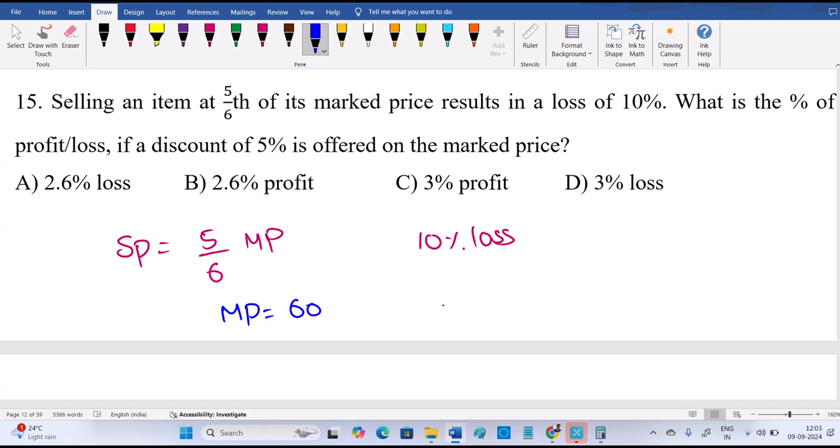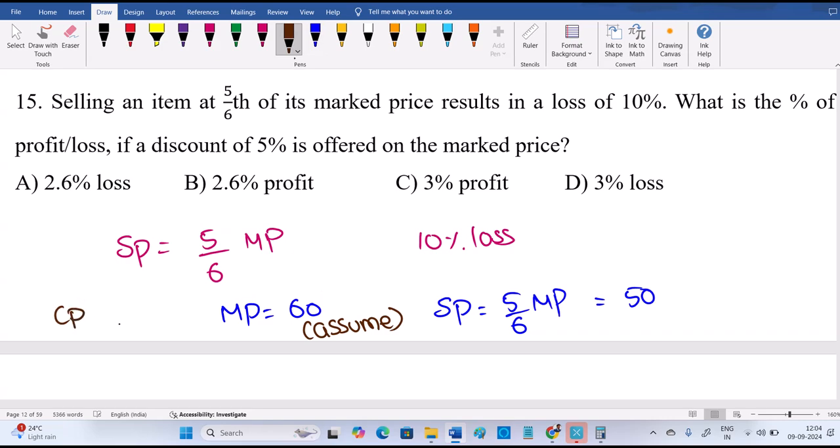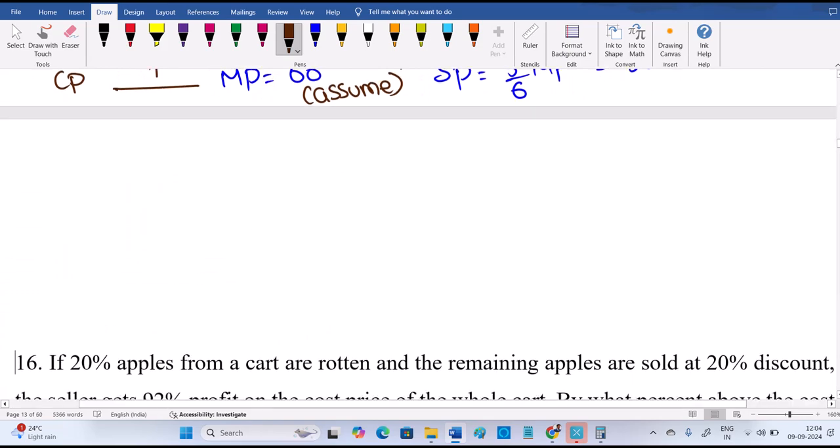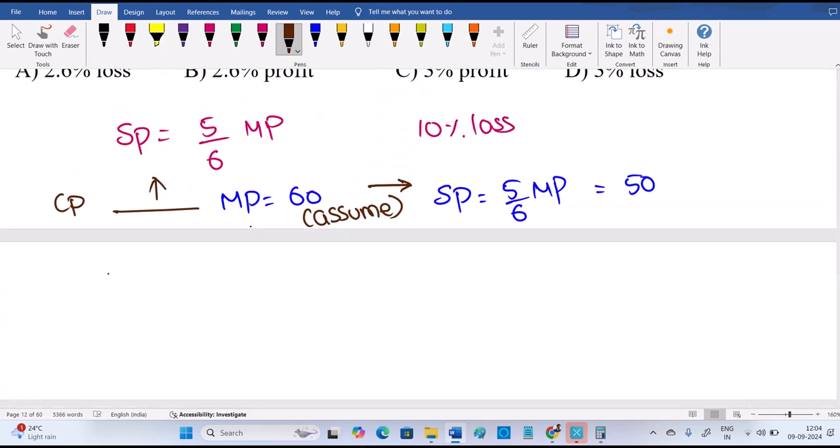Then selling price will be equal to 50 because 5 by 6 of marked price is 50. This is my assumption. Cost price you have to increase, then marked price will come, then selling price. In this situation, you got 10% loss.